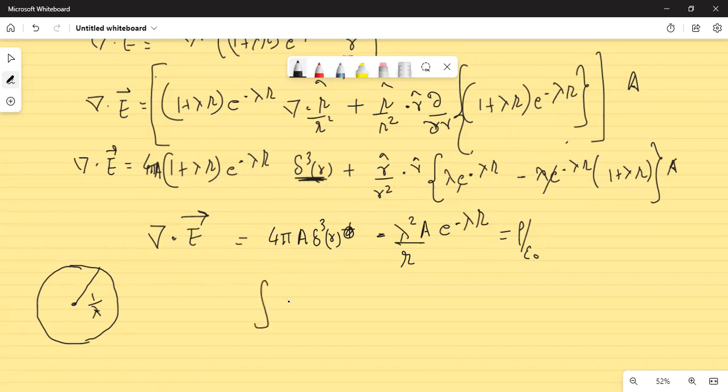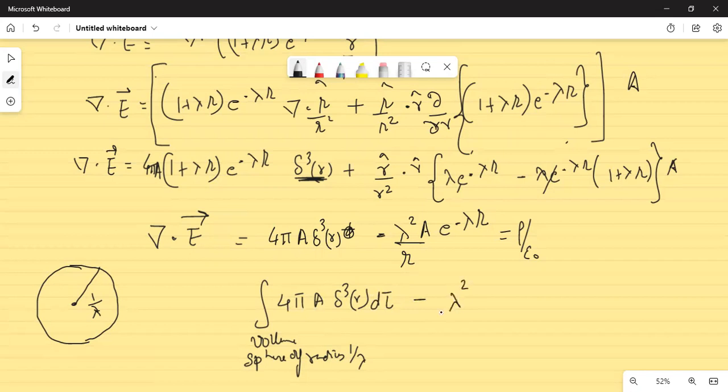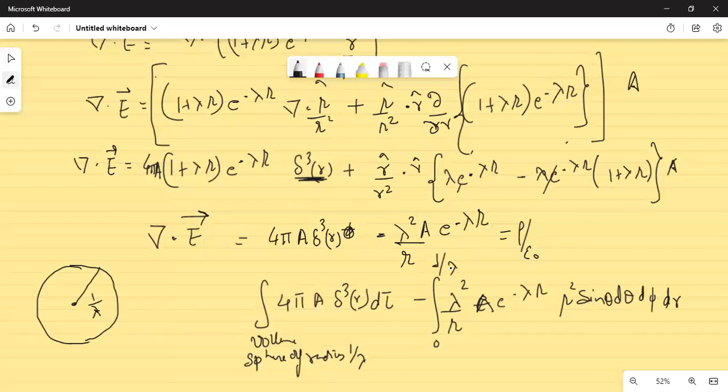So this particular thing is integrated volume-wise over the volume which encloses the sphere of radius 1 by lambda. 4 pi a will come out, and this Dirac cube d tau will come as 1, and this is minus lambda square upon r a e to the power minus lambda r, times r square sin theta d theta d phi dr. This is the volume integral, and this will be integrated from 0 to 1 by lambda.